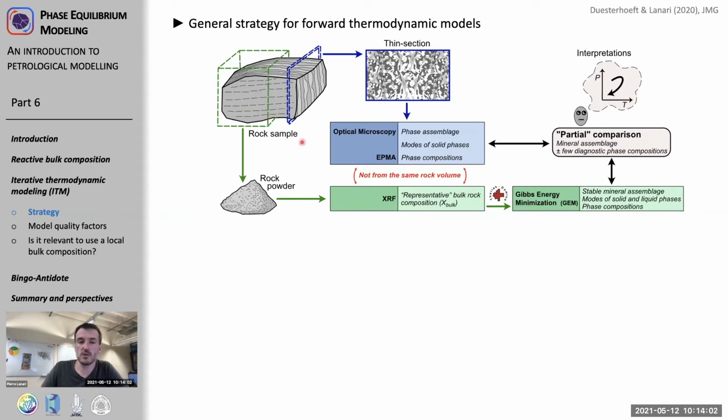The observations on the other side come from a different part of the rock, a different volume. This is usually a thin section from which you can extract the mineral assemblage, the volume fraction of your minerals, and the mineral compositions by analysis at the electron microprobe. So the comparison that you do is often partial, and you are considering things that are not exactly consistent because they don't come from the same volume of rock.